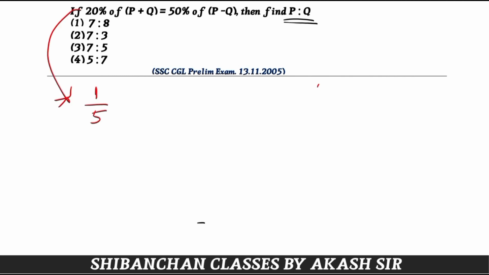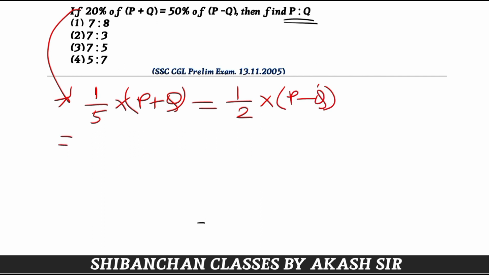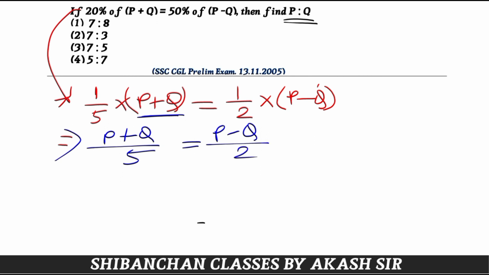Now move to the next question. 20% of P plus Q, that means 1 by 5 of P plus Q, equals 50% of P minus Q, 1 by 2 of P minus Q. Now you can easily simplify it. How? P plus Q by 5, and P minus Q by 2, we can write it like this. Now simply cross multiply: 2P plus 2Q equals 5P minus 5Q.